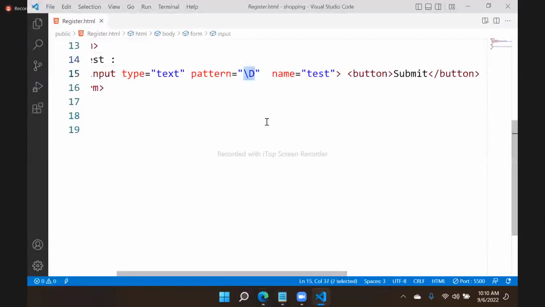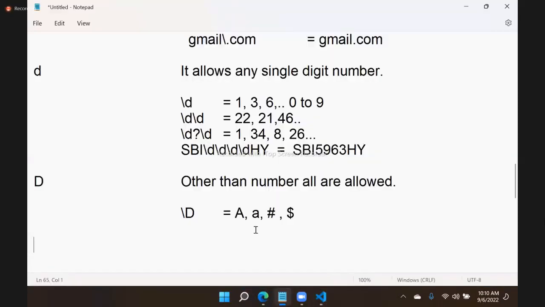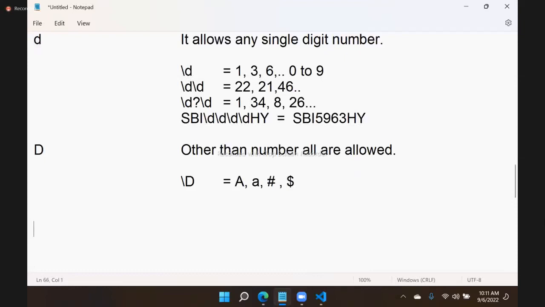If you want many, you have to define multiple. So it indicates other than number, everything is allowed. That you can configure with the uppercase D. So we have lowercase d and we have uppercase D. That is numeric, how to control the numeric.